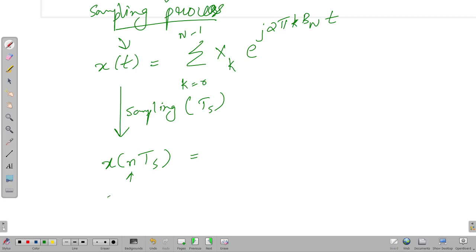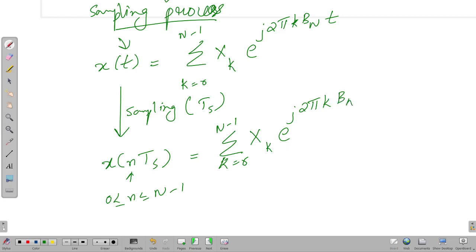So n can vary from 0, 1 up to capital N minus 1, and you have summation k equal to 0 to N minus 1, X_k e raised to j 2 pi k B_N, where B_N is the subcarrier bandwidth, and instead of t you substitute n T_s.